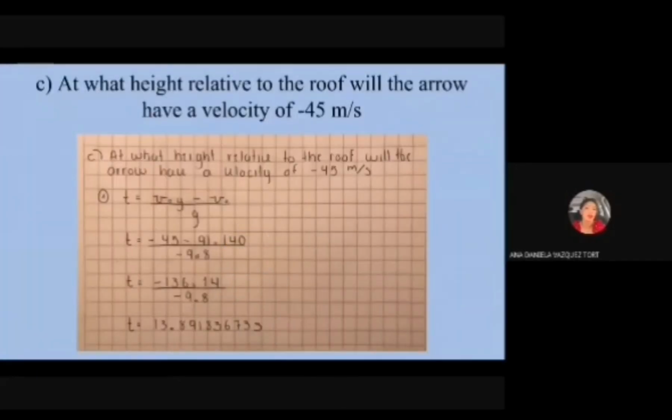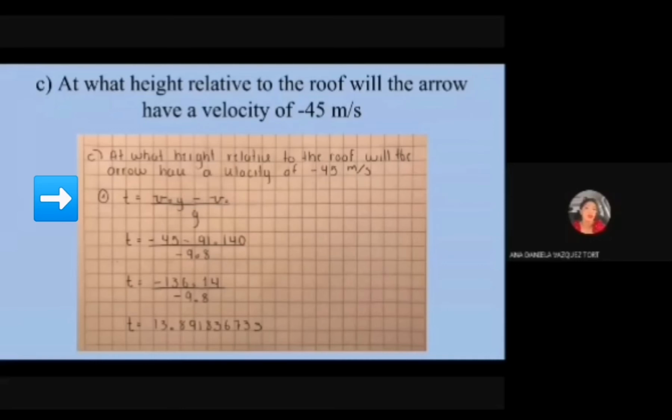In exercise 3, which is C, they are asking us for the height relative to the roof when the arrow has a velocity of minus 45 meters per second. Especially for this exercise, I divided it into two parts. The first part is to get the time that passes when the arrow is at that speed. Something important to know is that the velocity is negative since it's falling, as the topic we are talking about is free falling bodies. The formula we use this time is time equals final velocity in y minus initial velocity over gravity.